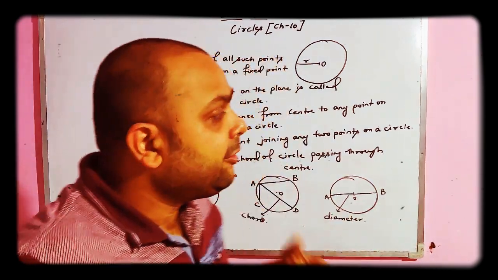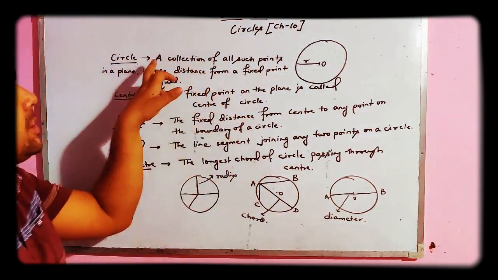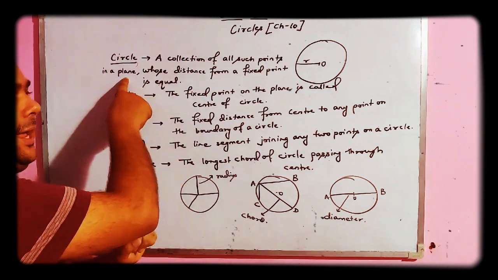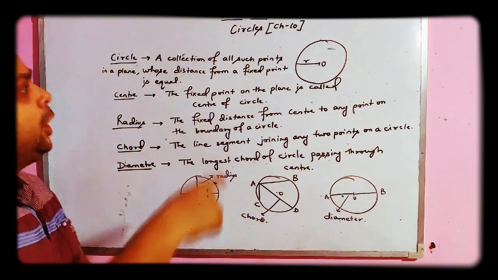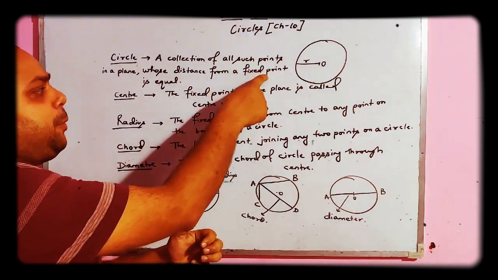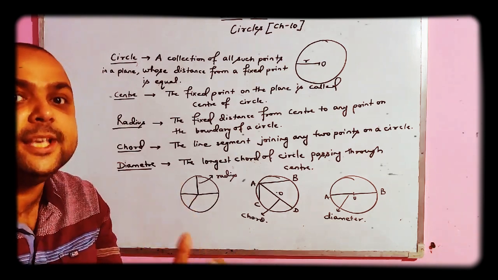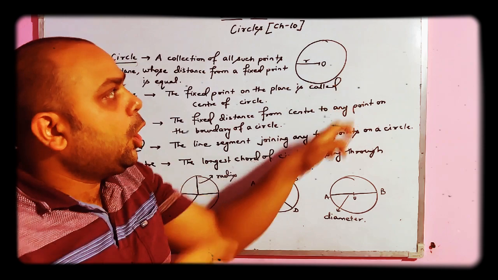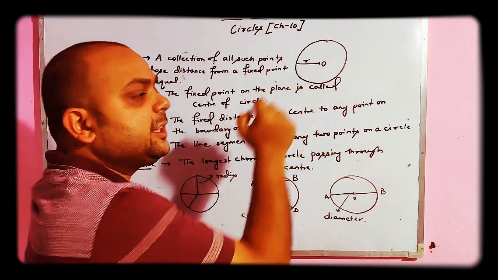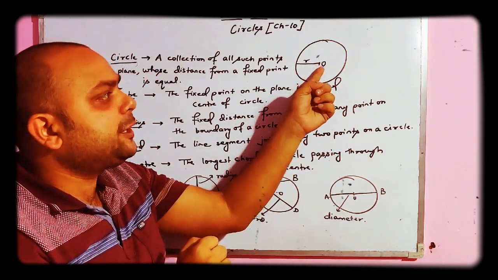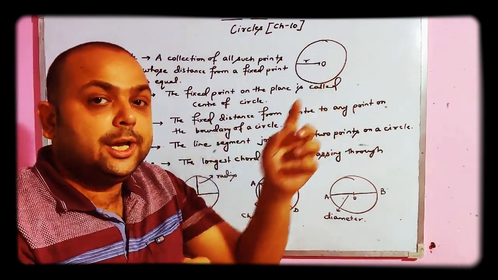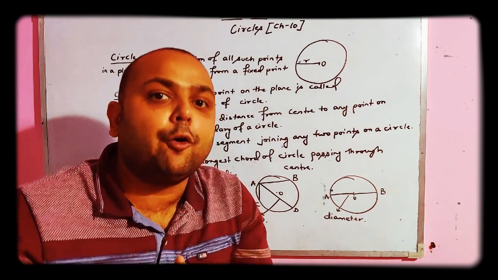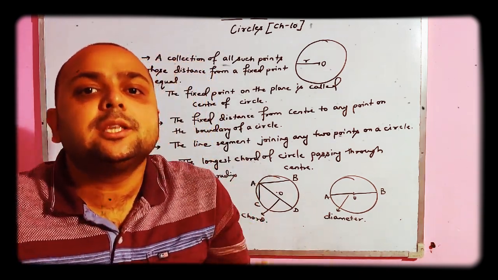First of all, the circle. A circle is a collection of all such points in a plane whose distance from a fixed point is equal, or we can say constant, always constant. Suppose we have all these points and this is a fixed point. The distance from this fixed point in all directions is always constant. The collection of all those points forming a closed curve is called a circle.